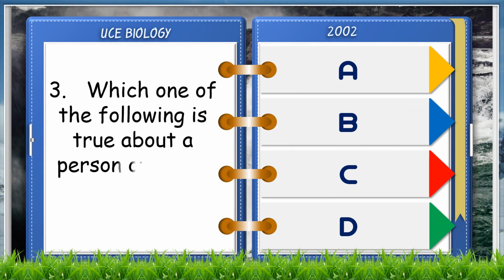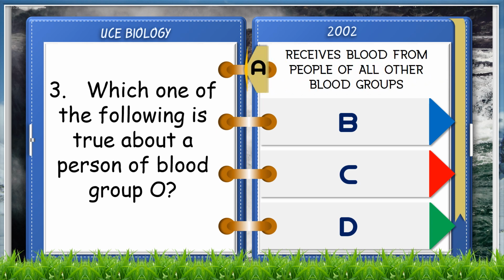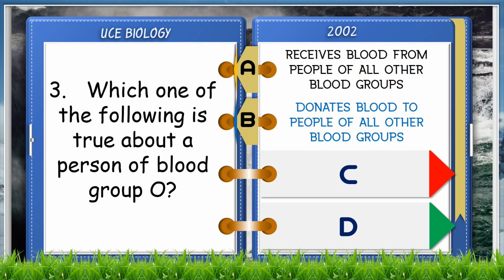Which one of the following is true about a person of blood group O? A. Receives blood from people of all other blood groups. B. Donates blood to people of all other blood groups.